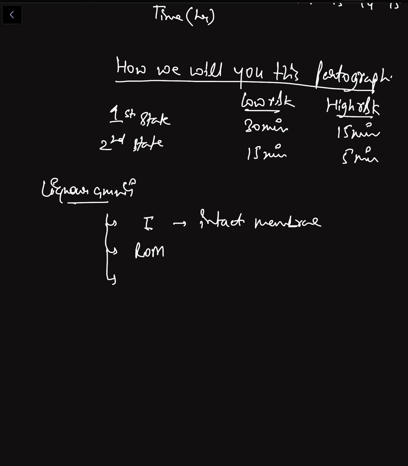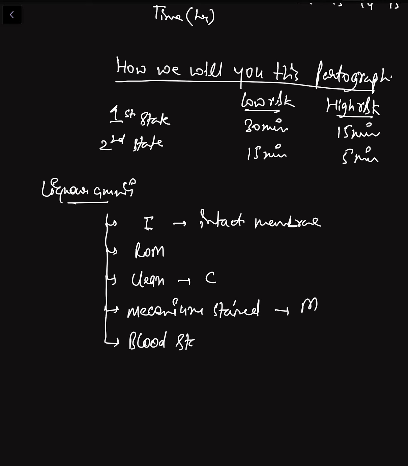If liquor amnii is clear, it will be denoted by capital C. If liquor is meconium stained, it will be denoted by capital M. If blood stained, denoted by capital B.